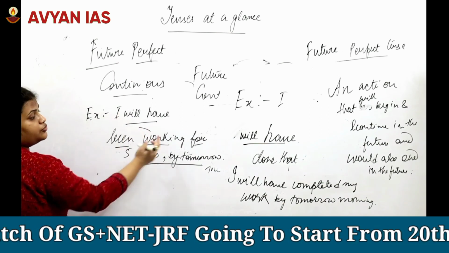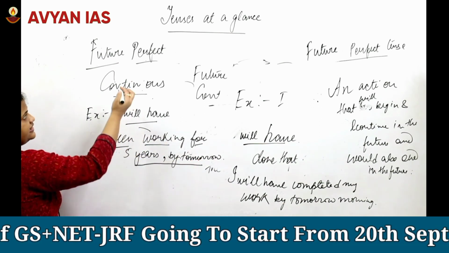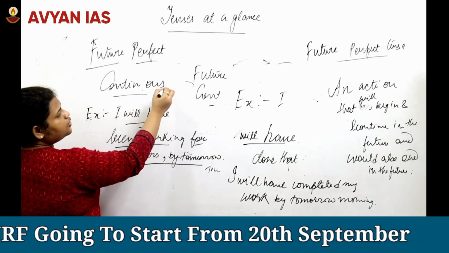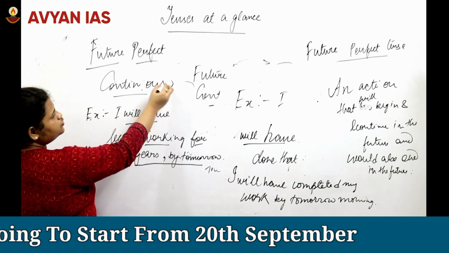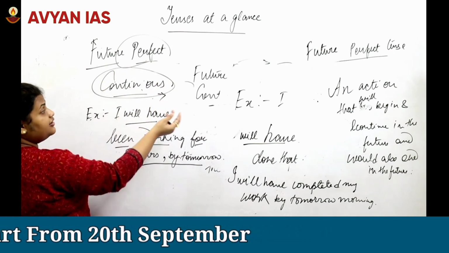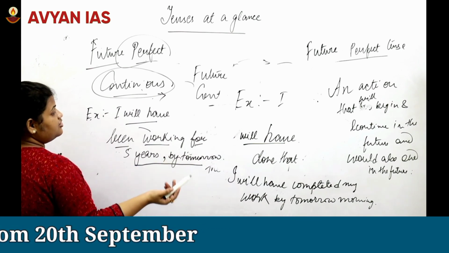It has begun and will continue in the future. That is the precise utility. When we talk about the continuity of the action, that is what we are referring to in the continuous tense, and the perfect is because it had begun and will continue in the future.